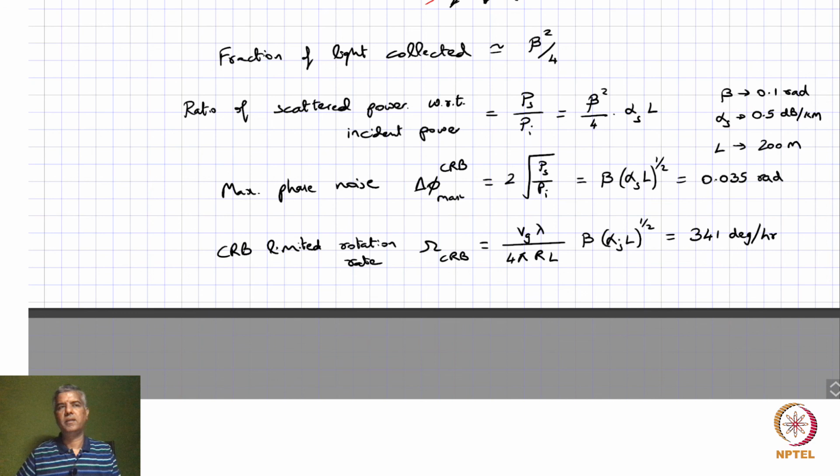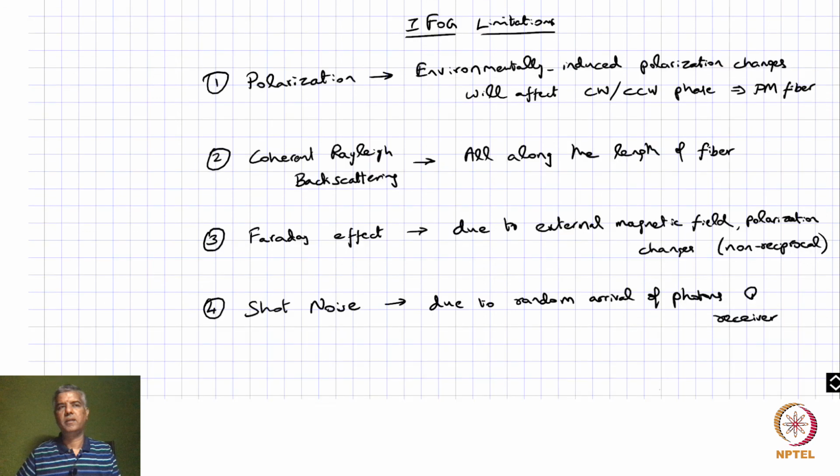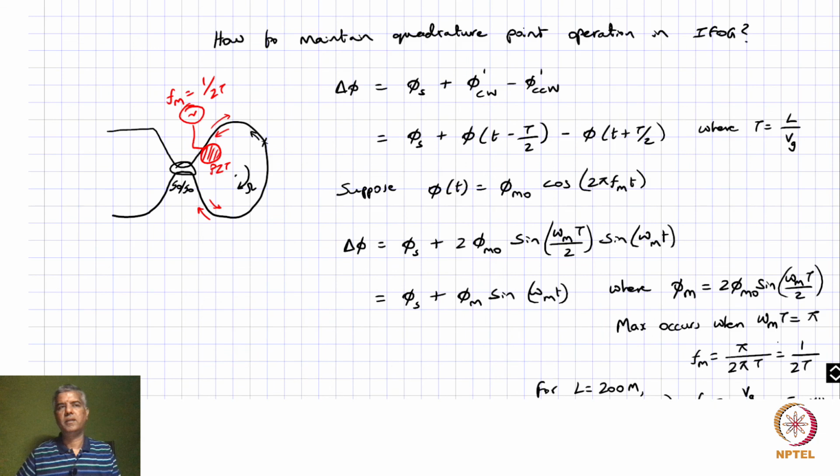What exactly are we talking about? If we use a source which is relatively incoherent, like an LED for example, then your LC, the coherence length, is in the order of 100 microns, right.